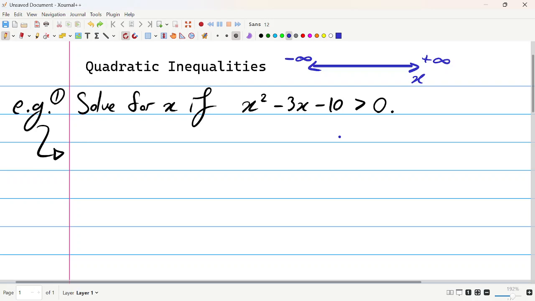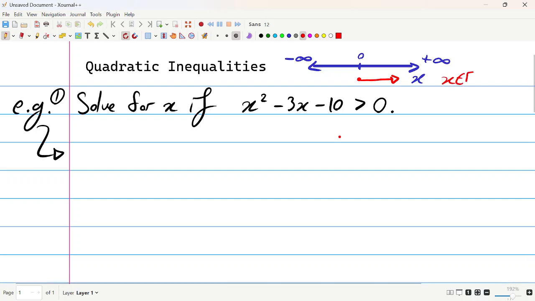Let's say for example we have some point 0 on the axis, the interval. If I write down a circle that's closed and point it all the way towards infinity, then that indicates that our x value lies between 0 until positive infinity.